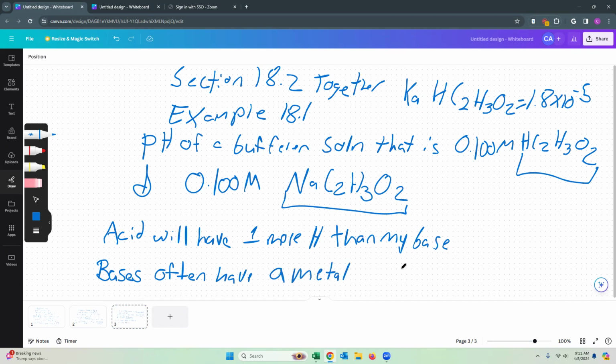The reason is that bases are usually negative, and when you're negative, you usually attract something positive.